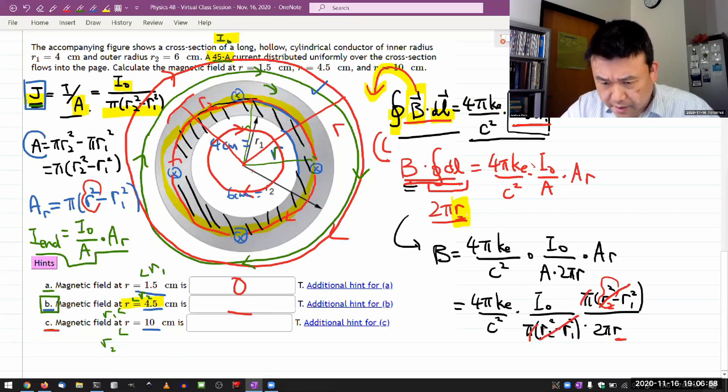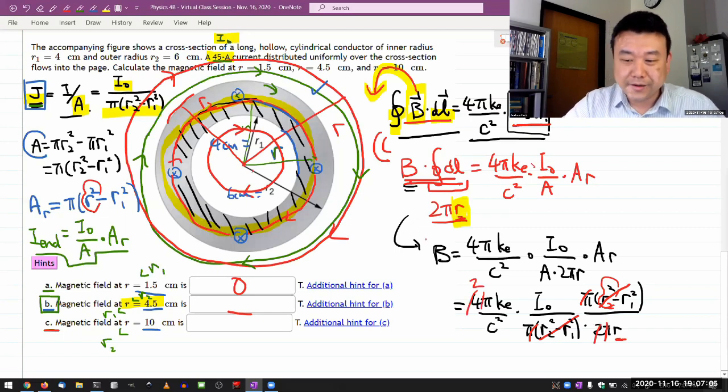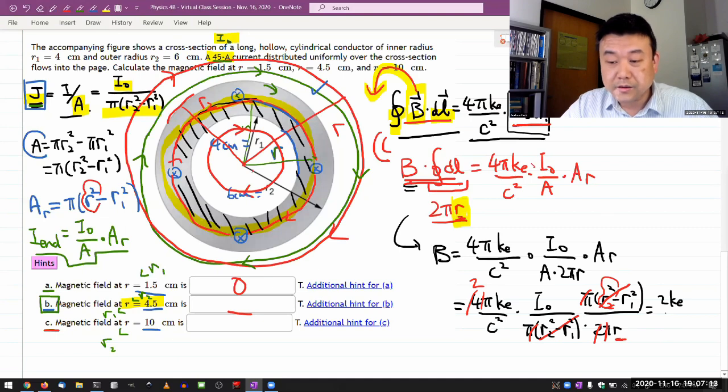Oh, and the pi's cancel out, and this two cancels out, and you are left with an expression that looks like the magnetic field due to an infinite line of current, 2 k_e over c squared times I naught over r.